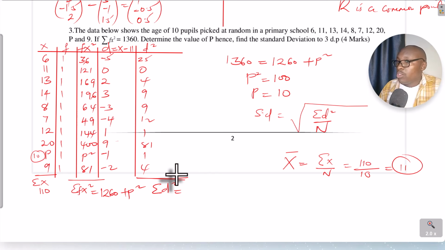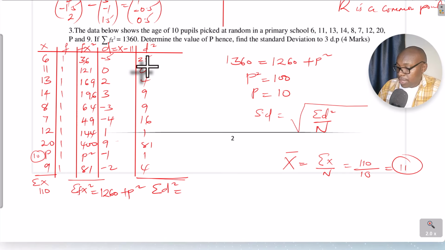This one I did not square properly. This one is 9. This one here is negative 4 squared. That one is supposed to be 16. We confirm the others. All the others are okay.